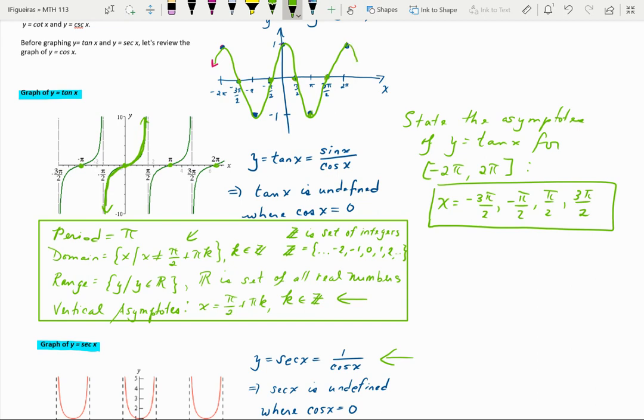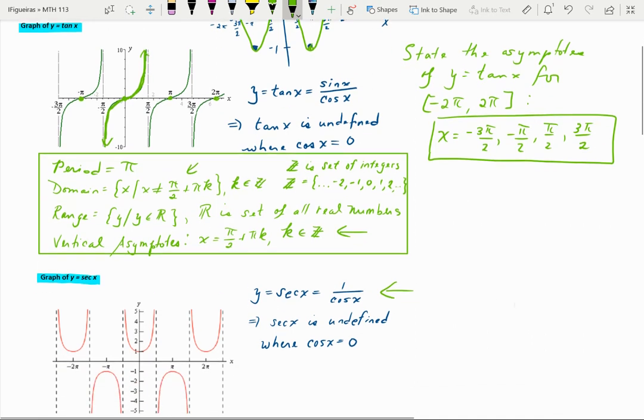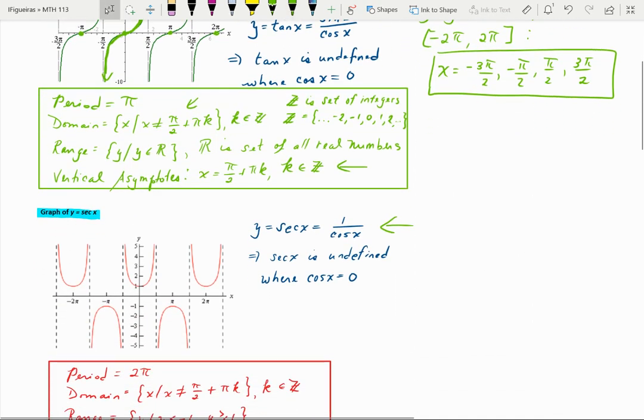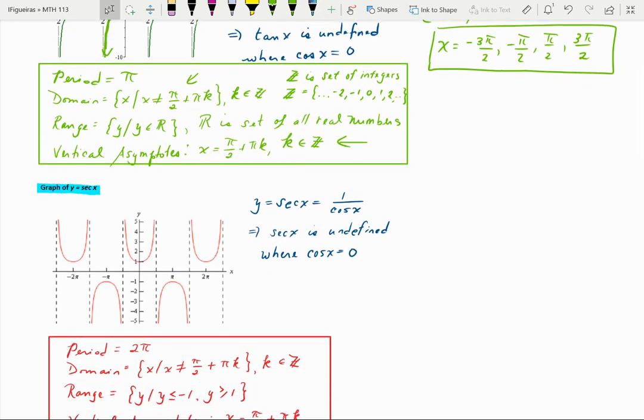But remember, this graph goes on and on forever, so it actually has more values where cosine is 0. So secant is undefined where cosine is 0, and the asymptotes are shown right here with the vertical dotted lines.